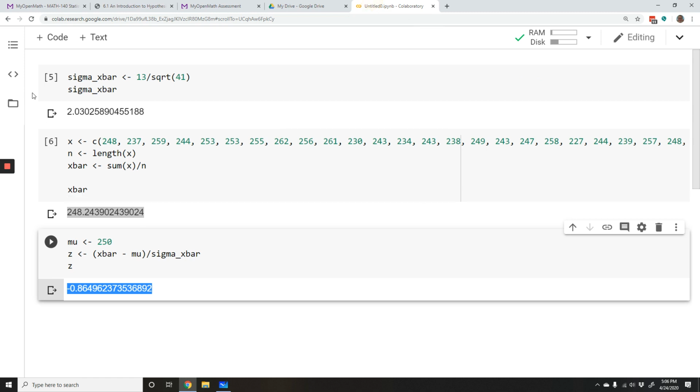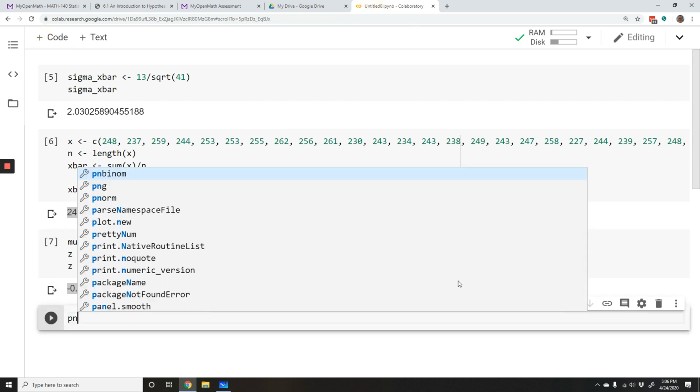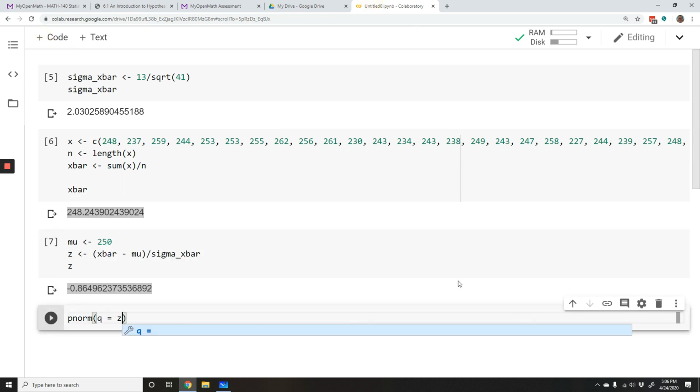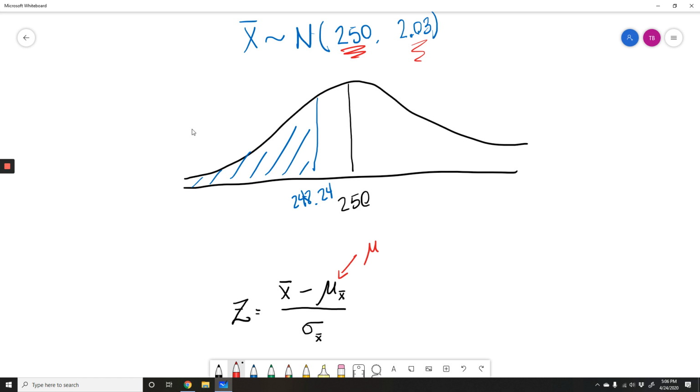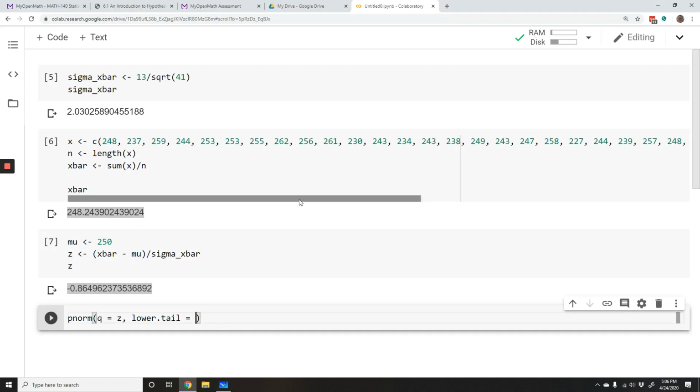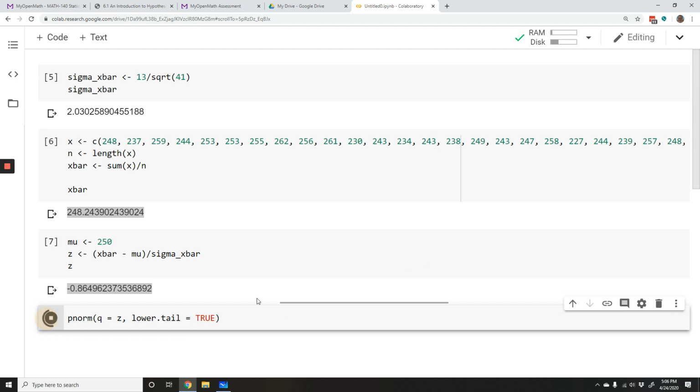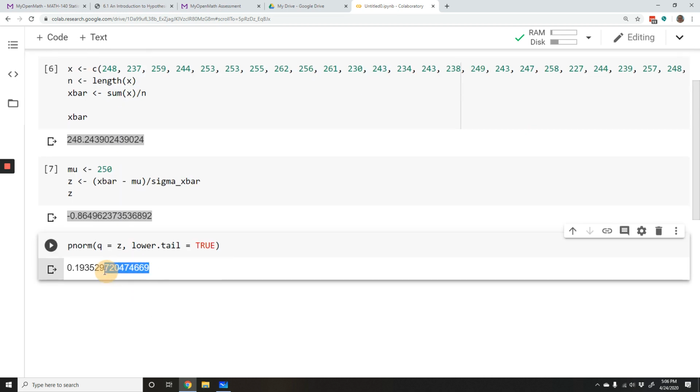We'll just use our p-norm function, plug in our z-score, and our lower tail will be true. In this case, our lower tail is shaded. Okay, run that, and we have our probability. So it's about 19%.